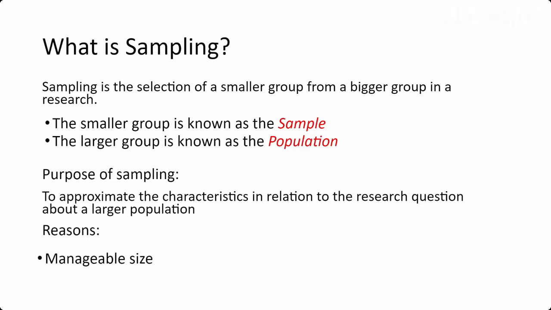If you want to know particular characteristics of students, you wouldn't manage to go through all the 60 plus universities in Zambia, but you would pick a smaller group and extend your finding to the bigger group. That's what sampling is all about.